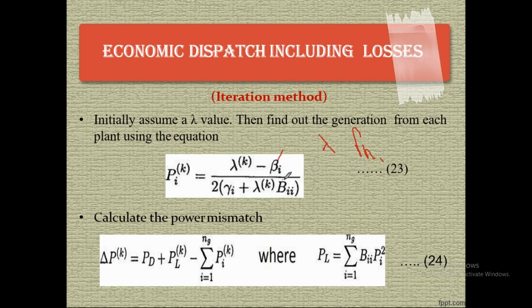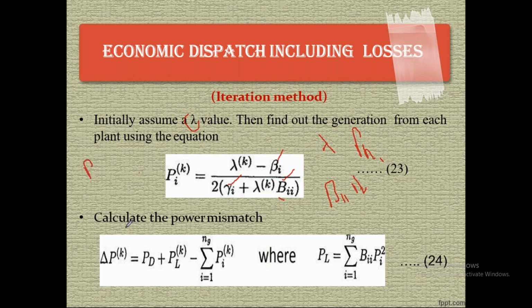Already you know these values: lambda 1, that is gamma 1, beta 1, and lambda. Here B11, B12 they will give in the question itself; I will tell you how it is found in the question. So this is the first step: assume the lambda value. Now using the lambda value, we find PG1, PG2, PG3.